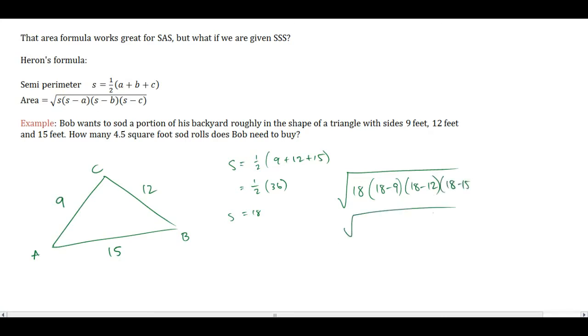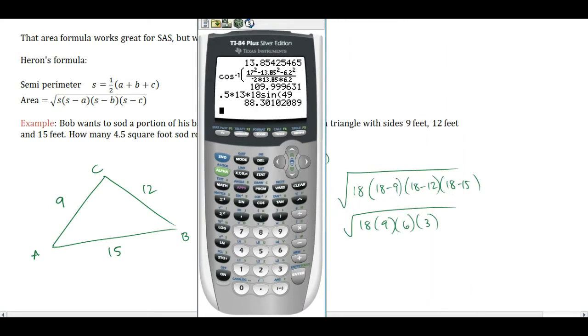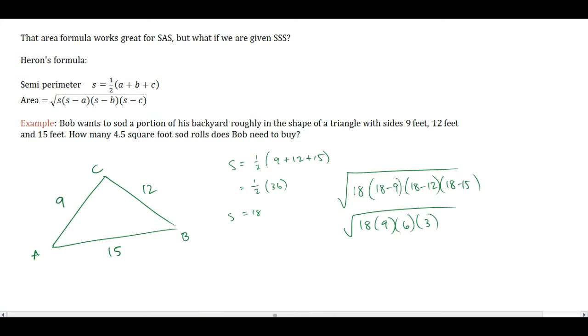And you get 18 times 9 times 6 times 3. And that's what virtual Sheila is for. She will tell me that it is 18 times 9 times 6 times 3. Oh, I forgot to square root it, but I will do that at the end. I will raise it to the half power, and I will get 54.